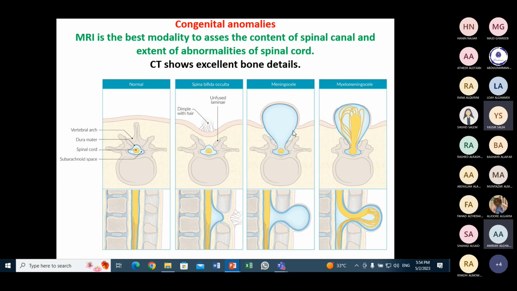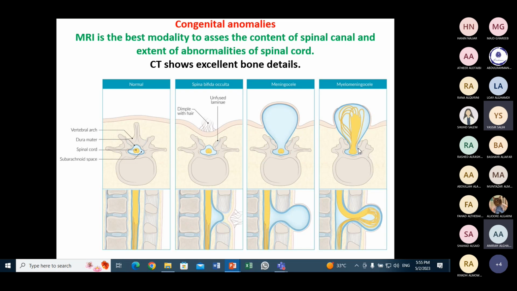If the meninges protrude through this opening, we call it meningocele. So meningocele is characterized by protrusion of the meninges through this opening. And if the spinal cord protrudes with the meninges, we call it myelomeningocele. Myelo for the spinal cord and meningo for the meninges.